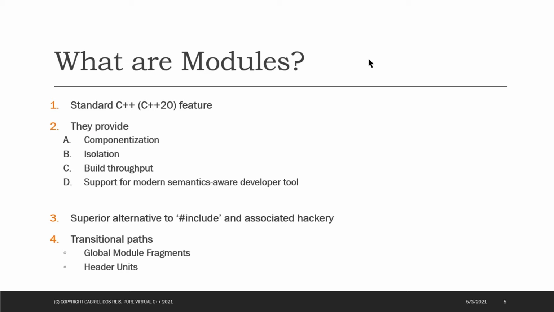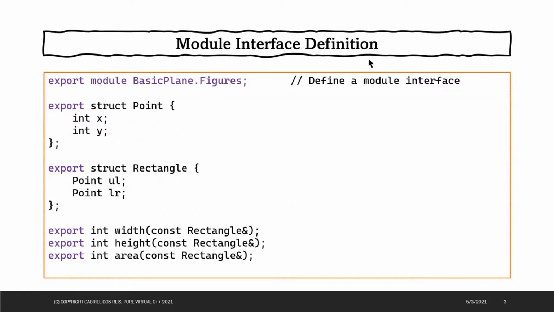So what are they really? They're C++20 features. What do they give you? They provide you componentization. As I showed earlier, you can delimit very clearly the abstraction boundaries of your component. Here, when I say export module basic plane figures, I'm saying explicitly I want the types point and rectangle, and the three functions to be usable.